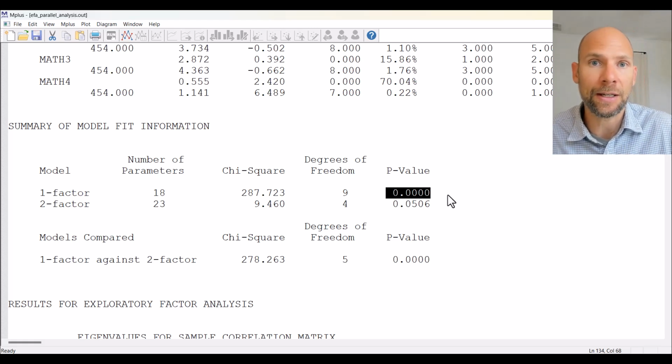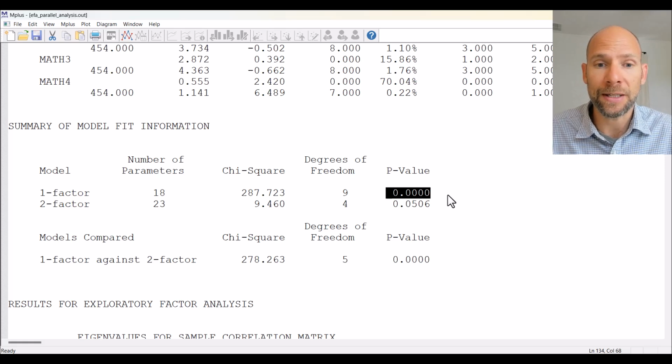So a significant chi-square value means that the model does not fit. There's a significant discrepancy between the observed correlation structure and the correlation structure that we would expect under a 1-factor model. So 1 factor is not enough to account for the correlations between those 6 variables.